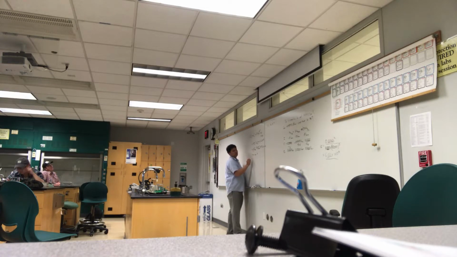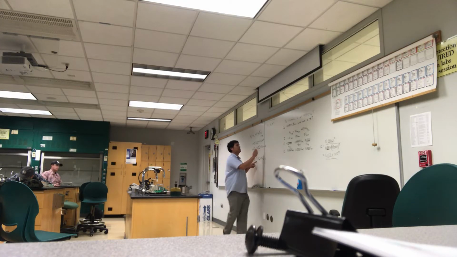We get delta H naught at 298, plus T times delta S naught at 298, plus R ln of K, is equal to 0.